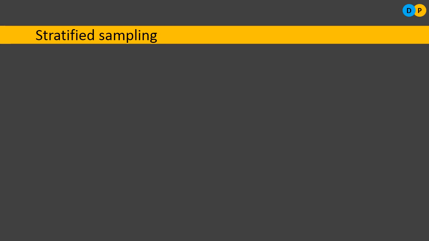The third way of sampling is stratified sampling. So what is stratified sampling? Let us say that the population is heterogeneous in nature. Let us say I am taking blood samples from some number of units, say 20 individuals.